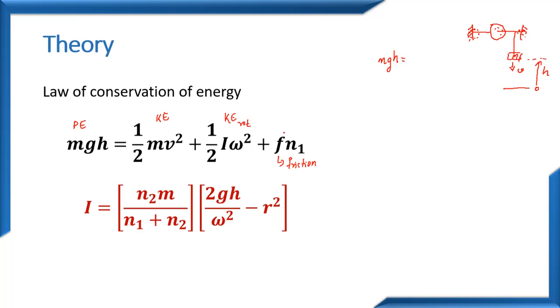Therefore, the friction energy which is lost will be equal to the frictional force into the number of times the mass was wound before it was let to go. Therefore, N1 is the number of times the mass was wound before using it.